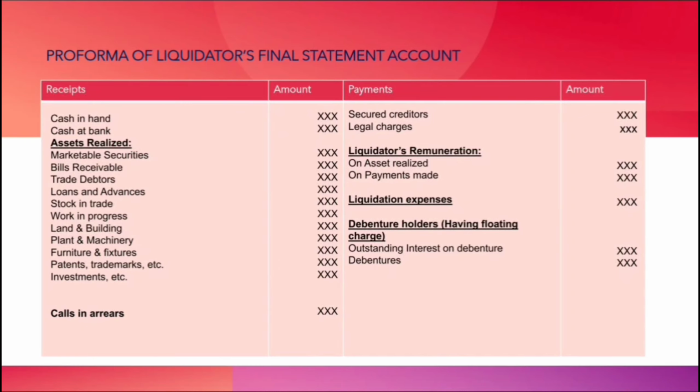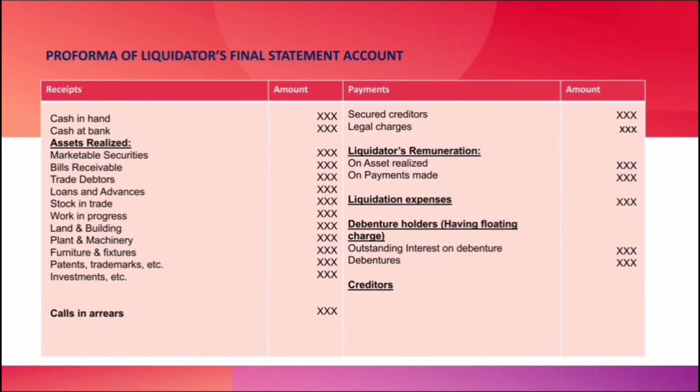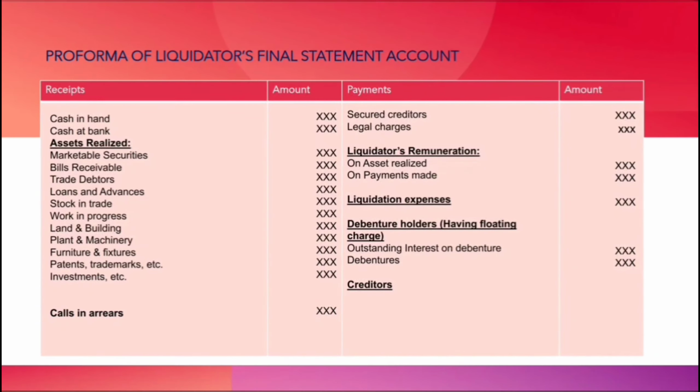After that, the next payment is to the creditors. These are the creditors who are not secured, and no asset has been given as security to them. The creditors can be classified into two. One is preferential creditors.